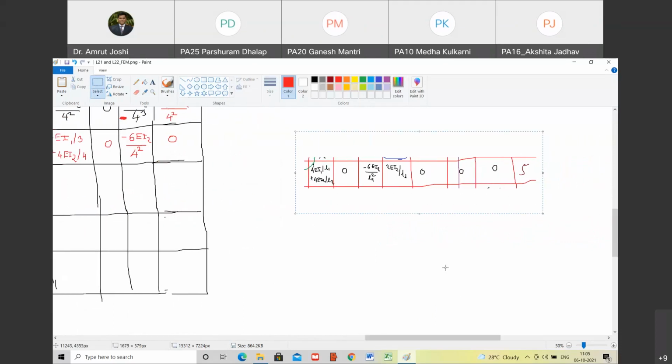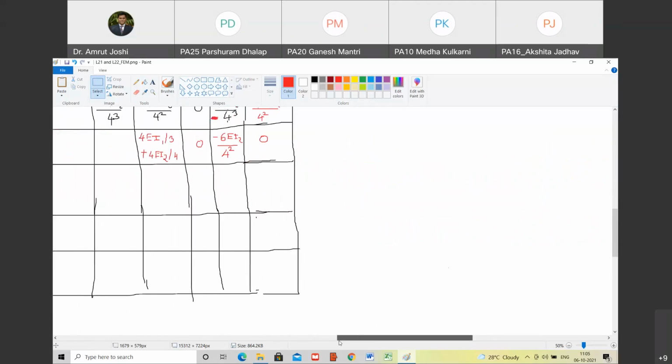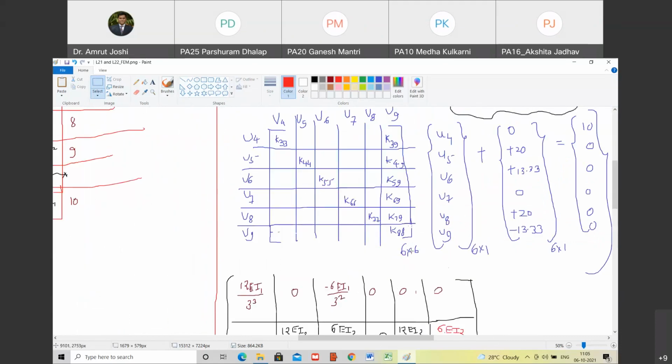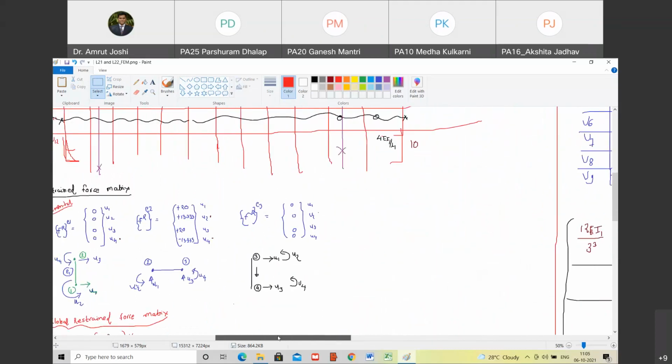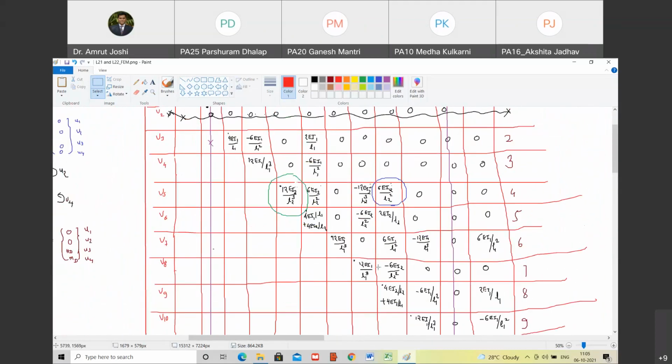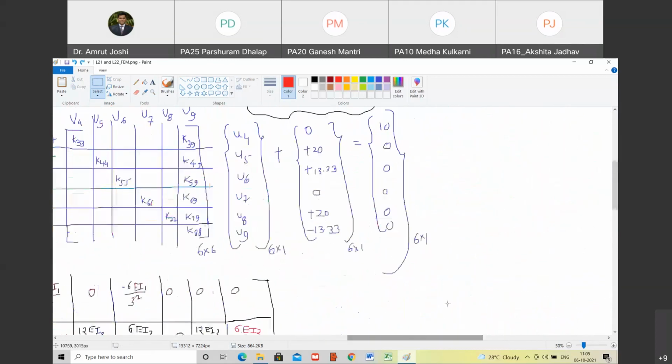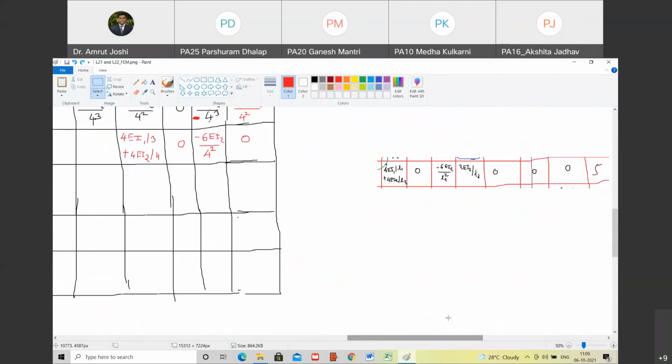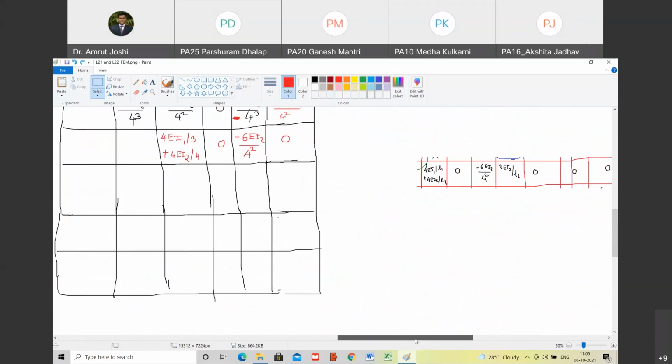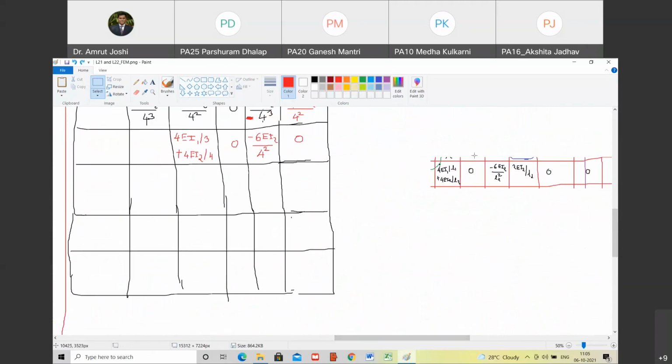Now let us talk about K66, sixth row. So where is the sixth row? So that last term is 2 EI by, so that in the fifth row. Let me check. It should be 2 EI2 by L2, right?